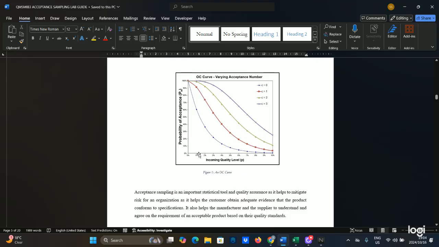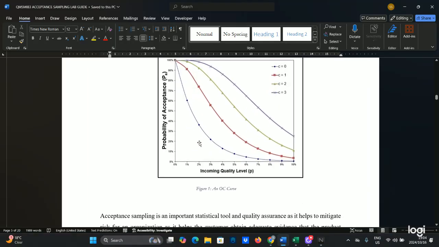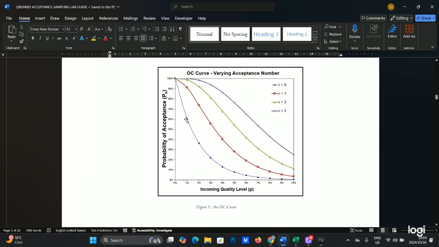When C is 0, it means they want the lot to be 100% conforming.